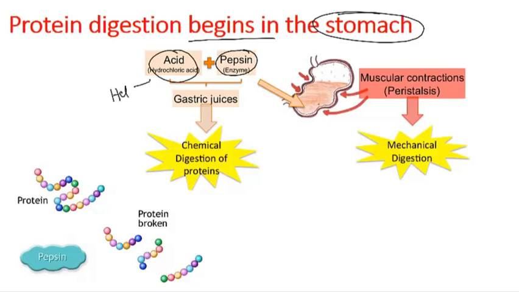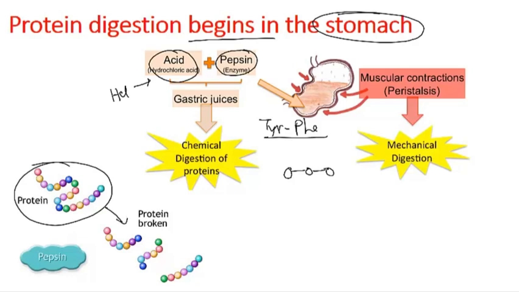Once pepsin is activated, it breaks the peptide bond between tyrosine and phenylalanine, producing peptide fragments that contain a few amino acids. So a larger protein is broken down by pepsin into smaller fragments of amino acid chains.